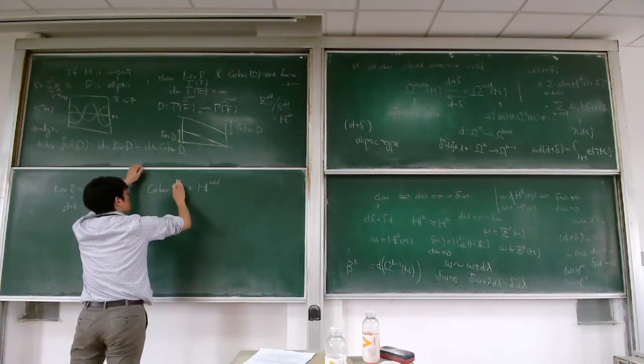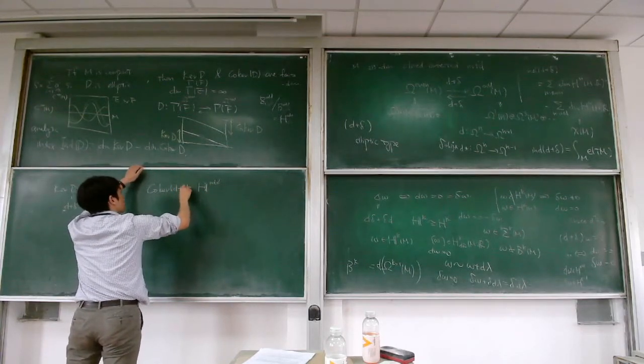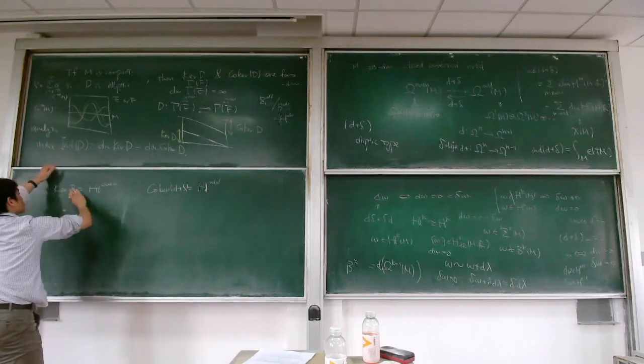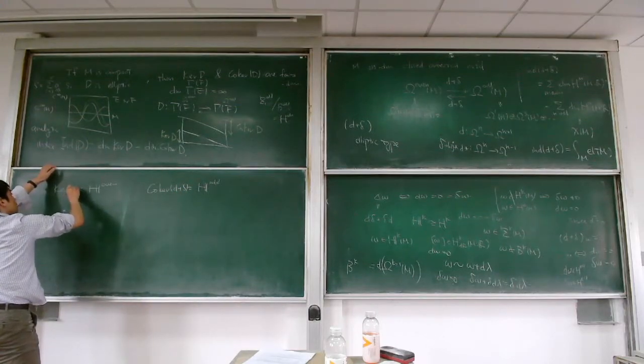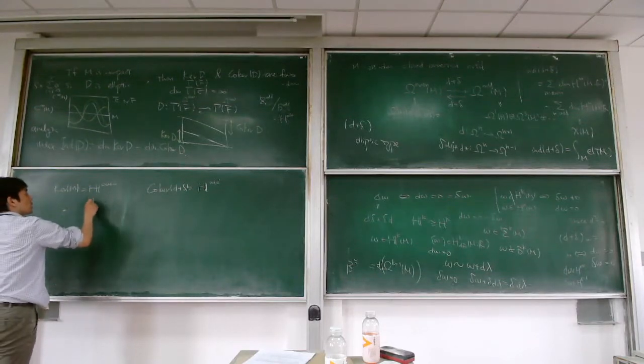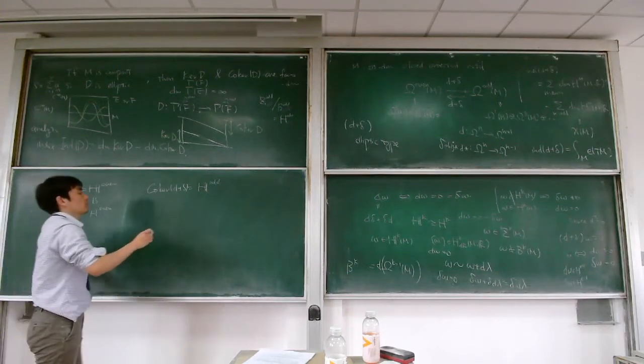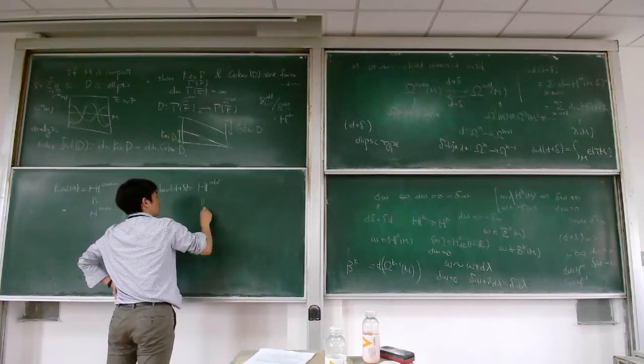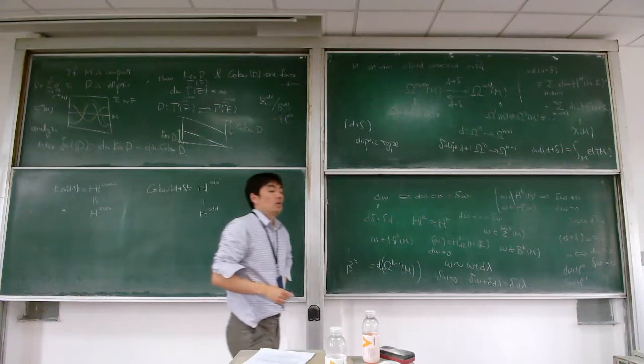Yeah, maybe I should use D plus D star. Okay, so this is the claim. And as a vector space, they are isomorphic to de Rham cohomology, or even as a vector space.